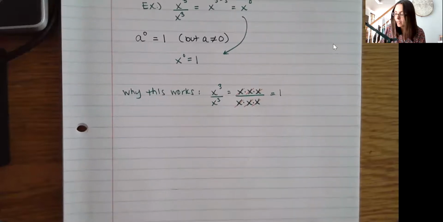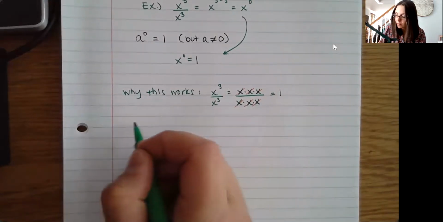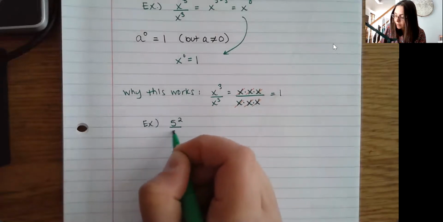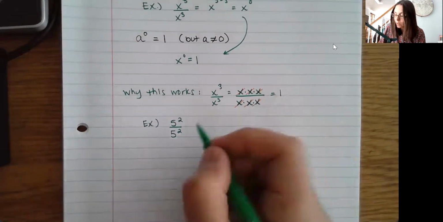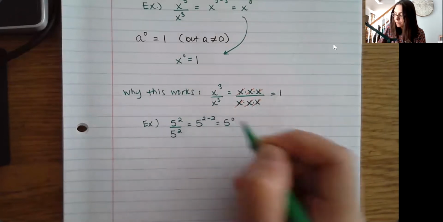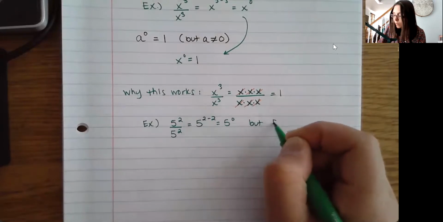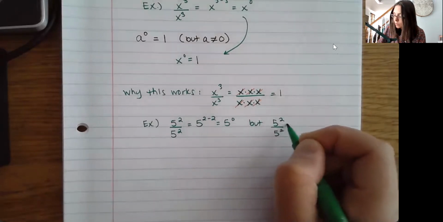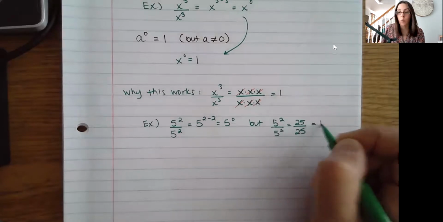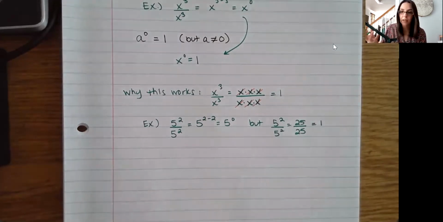Okay? Think about if I have something like 5 squared over 5 squared. Now, when I use my exponent rule, I get 5 to the 0 power. But I also know that 5 squared is equal to 25, and 25 divided by 25 is 1. So these things have to match. They have to go together.